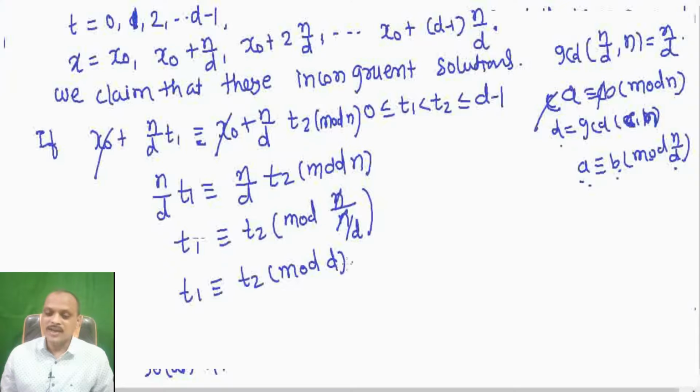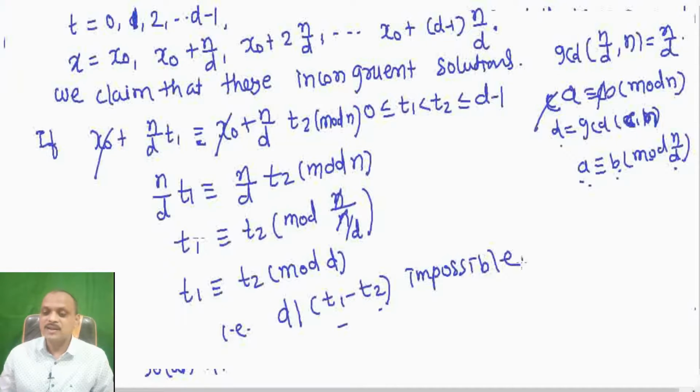That means d is a divisor of t1 minus t2, but it is impossible. Why is it impossible? Since t1 and t2 are both less than d, d cannot divide t1 minus t2.